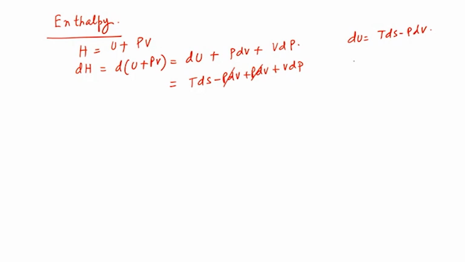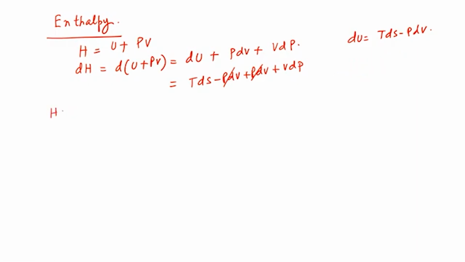Once again, you can write dH as TdS plus VdP, and H is a function of S and P. So, let me write it here.